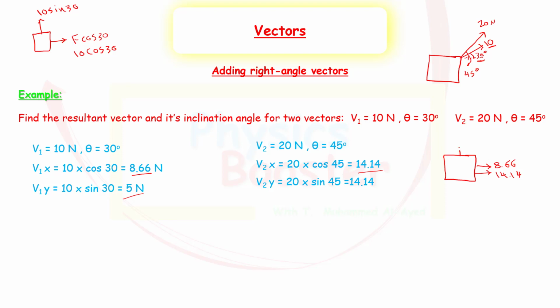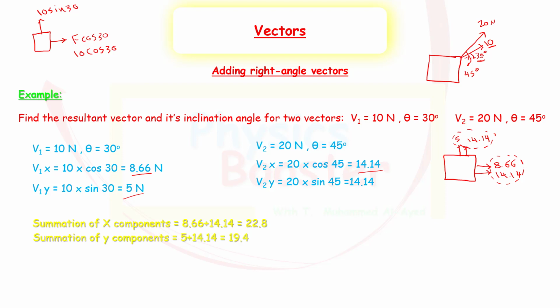Now, I will have one going upwards, which is equal to 5, and another one which is equal to 14.14. Now, the first thing I must do is add these two together, and then add these two together. This will give us the following. If I add the x components together, it will be equal to 22.8, and if I add the y components together, it's going to be equal to 19.4.